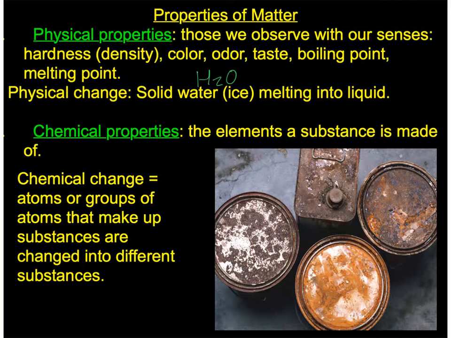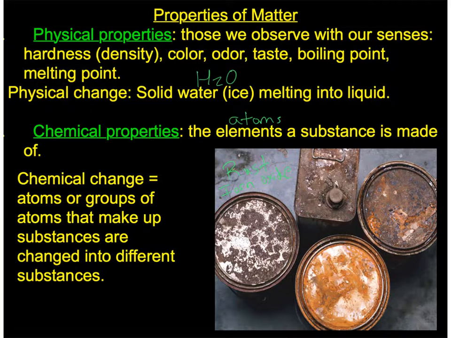Now, chemical properties, on the other hand, now we're actually interested in what are the elements in it. What are the atoms that it's made of? Classic example here. This picture showing us what? What is this? Well, people say this is rust. Okay, it's rust. Rust is iron oxide.